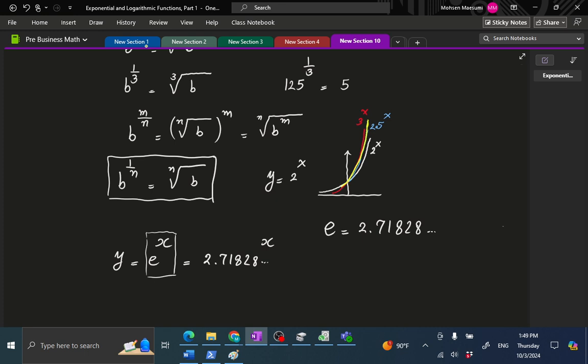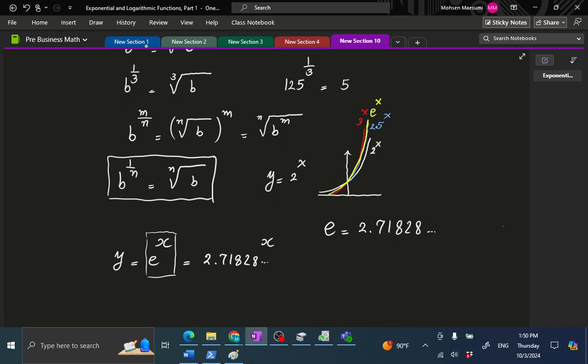So this is exponential of x. It's somewhere between 2 to the x and 3 to the x, and kind of closer to 3 to the x.